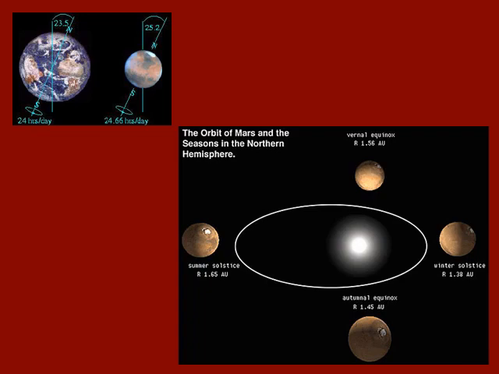For example, at summertime in the northern hemisphere, you're very far from the sun, and so it doesn't get all that warm. Whereas in the winter in the northern hemisphere, you're really close to the sun.